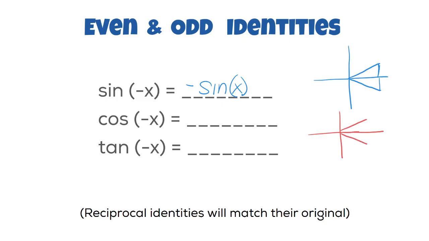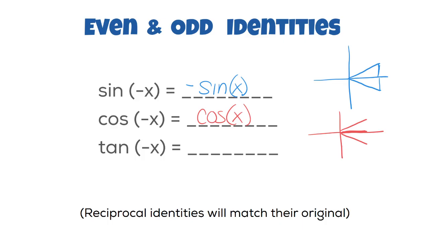Well, cosine is just how far over you are, and it doesn't matter if you are up 30 or down 30, you're still over the same amount. So when you take the cosine of the opposite of your angle, you actually get the exact same thing as if you just take the cosine of the regular angle. Okay, and then last thing, let's think about tangent. And tangent is basically, you got to look at the two scenarios I've already drawn.